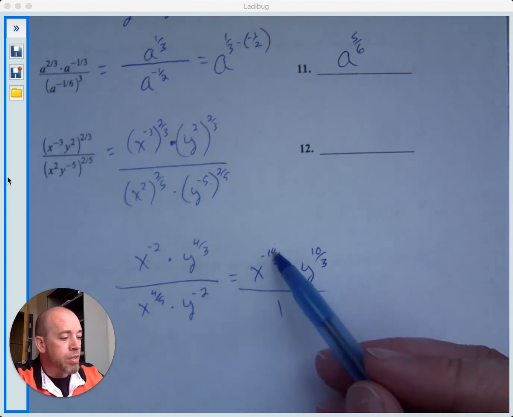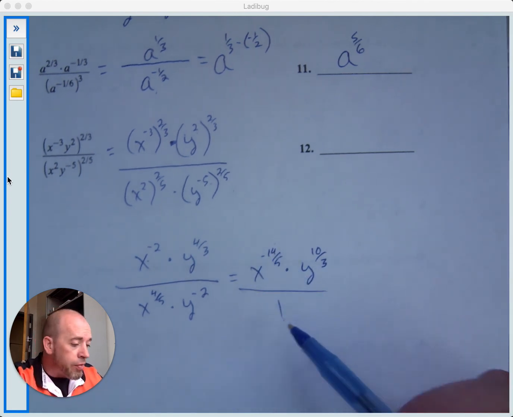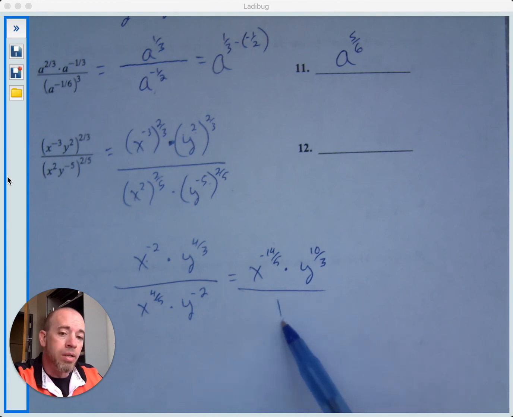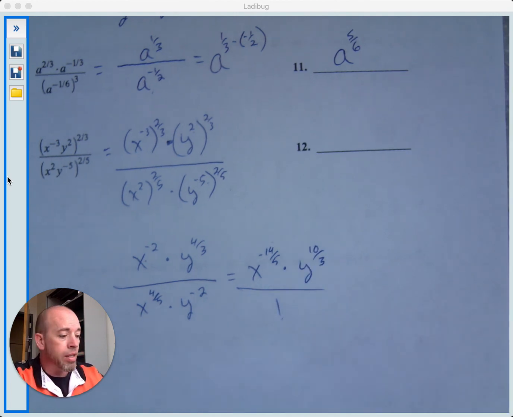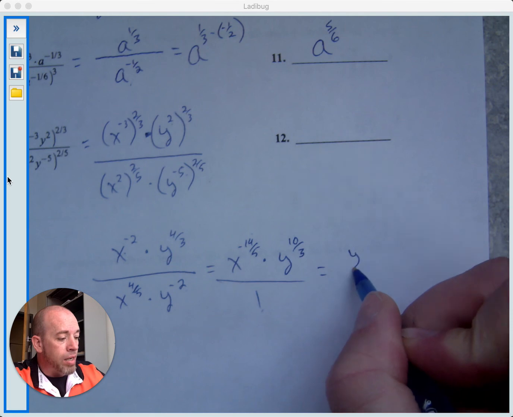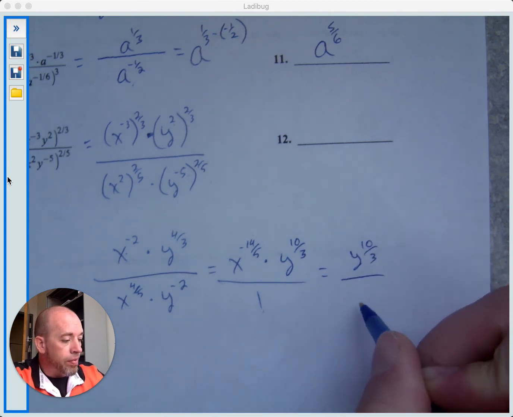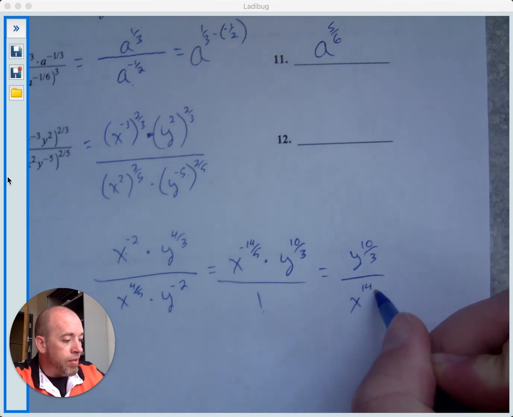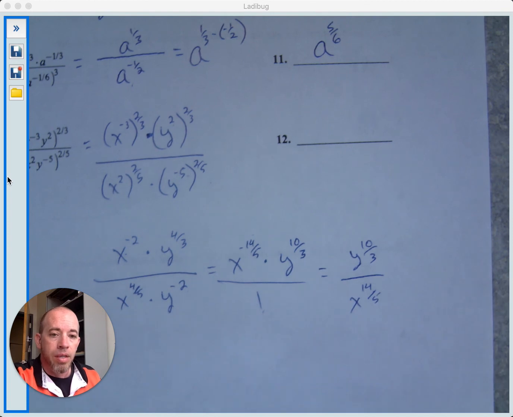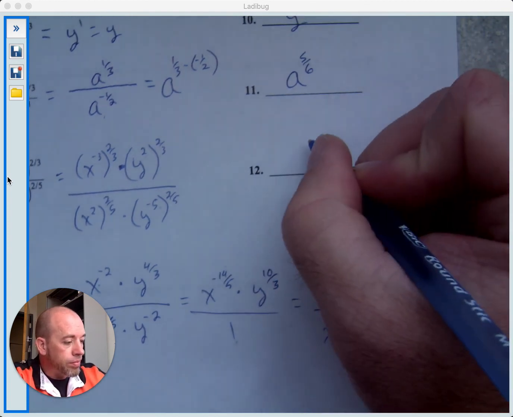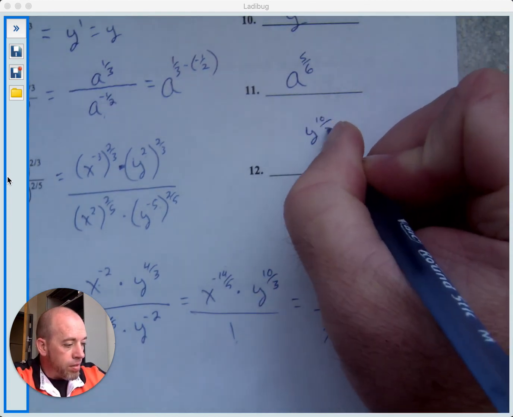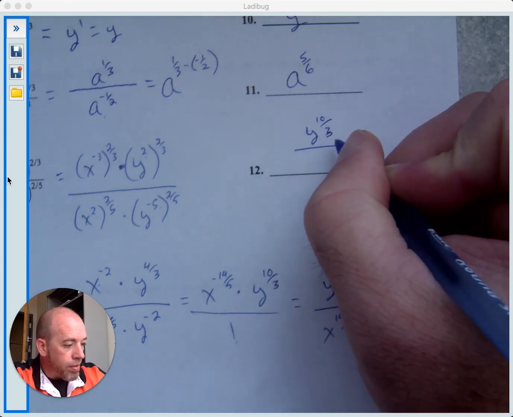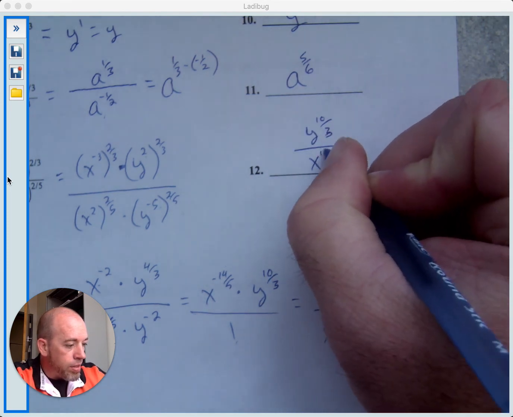We could move it to the bottom with a positive exponent. If we had a negative exponent in the denominator, we can move it to the top with a positive exponent. So this will become y to the 10/3 over x to the 14/5. And that's our answer: y to the 10/3 over x to the 14/5.